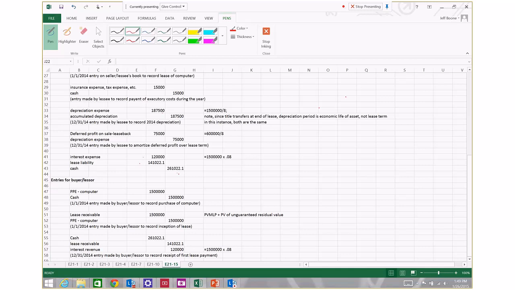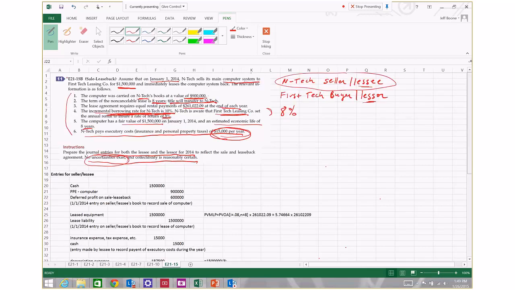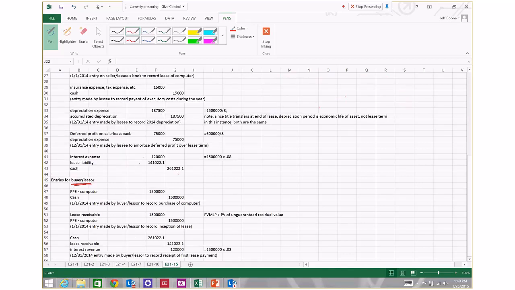Now let's take a look at the entries to be made by the buyer lessor. The buyer lessor is this First Tech here, First Tech Leasing. There are two things to book for First Tech Leasing on 1/1/2014. They need to book the acquisition of the computer.